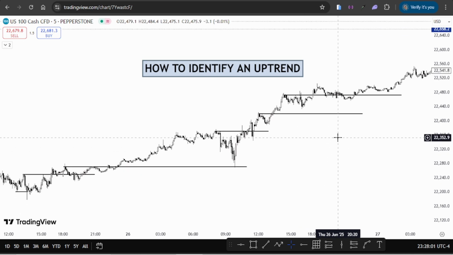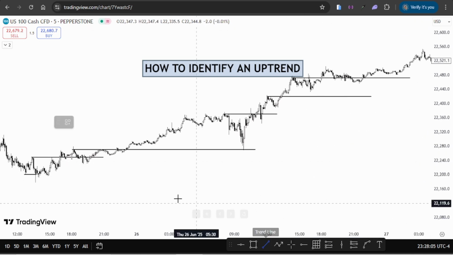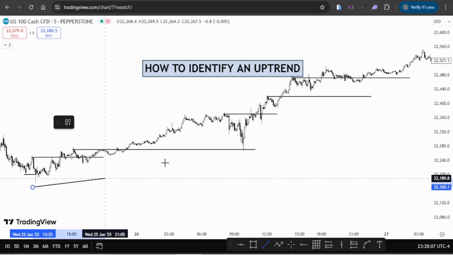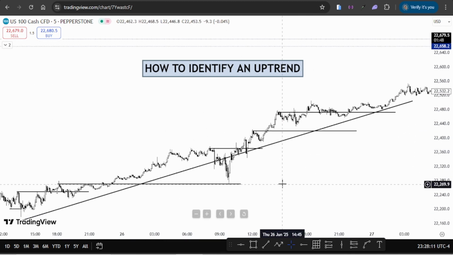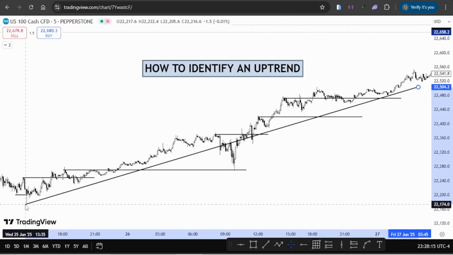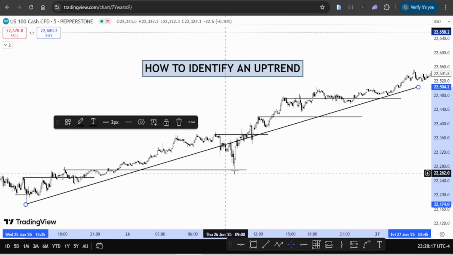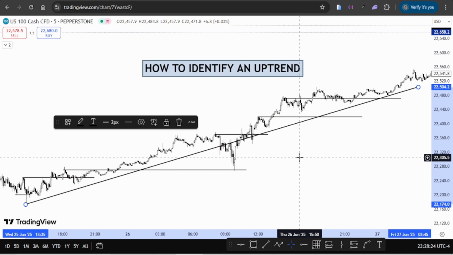So that is basically how you do it. And if you take your trend line tool, you will see that if you mark the swing lows, the market is in an uptrend. This was a major sweep of liquidity, and that is it for an uptrend.